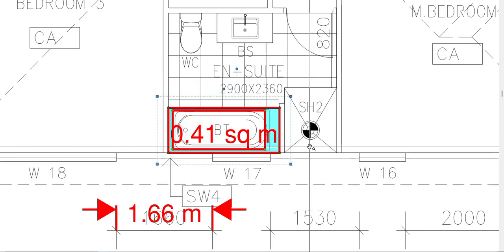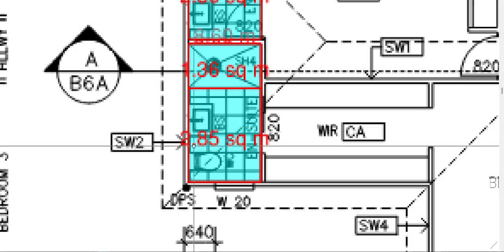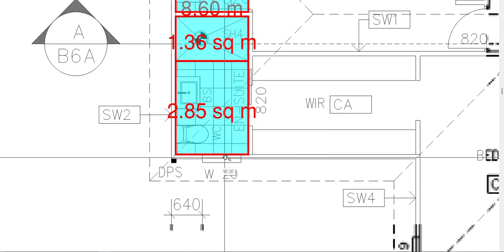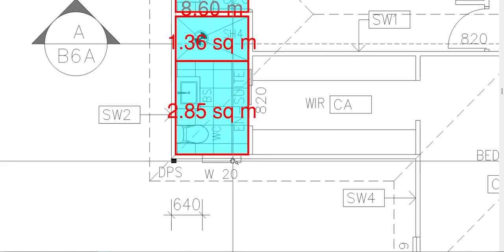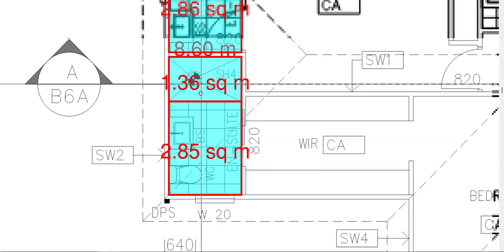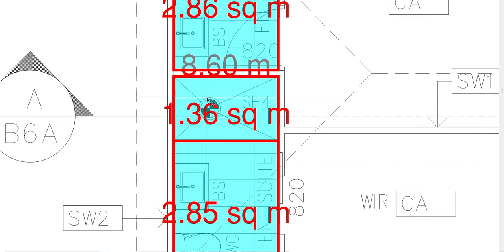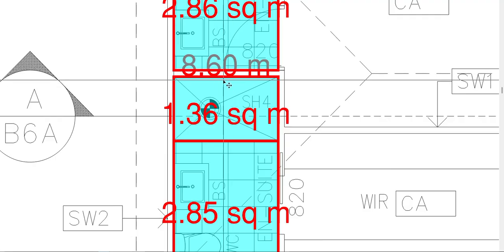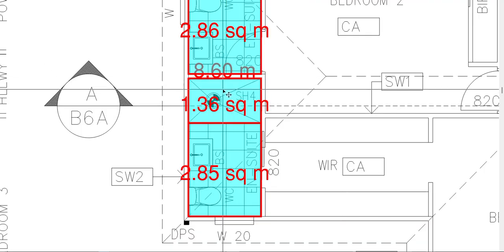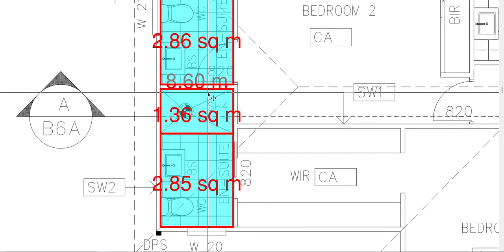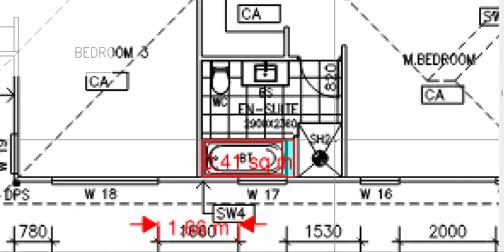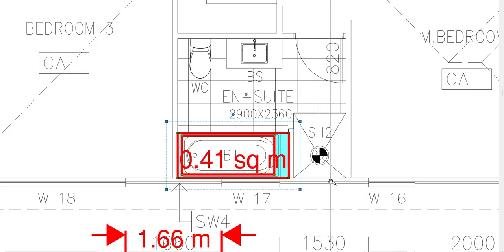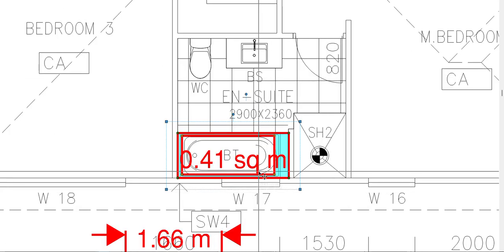So if in this washroom there is a window, it needs to be waterproofed, including any window niche or any shower niche. If there is a shower niche over here, that needs to be waterproofed, plus this window also needs to be waterproofed.